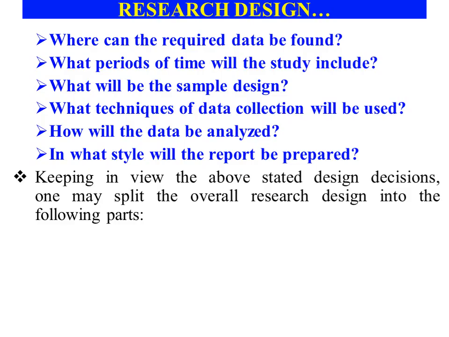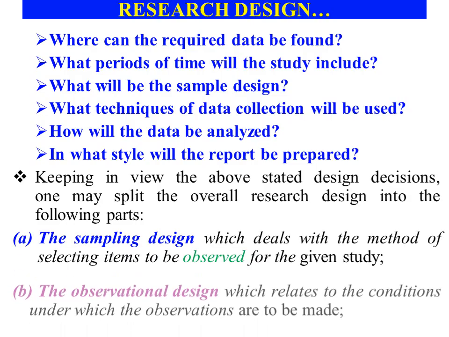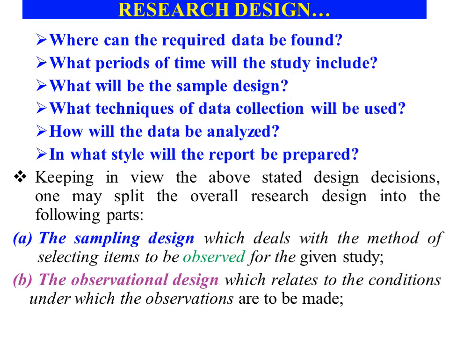Keeping in view the above stated design decisions, one may split the overall research design into the following parts. The first one is the sampling design, which deals with the methods of selecting items to be observed for the given study. The second is the observational design, which relates to the conditions under which the observations are to be made.